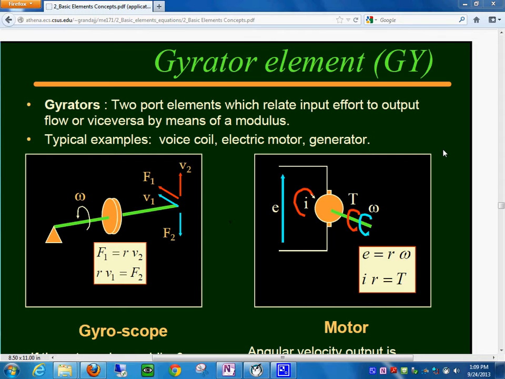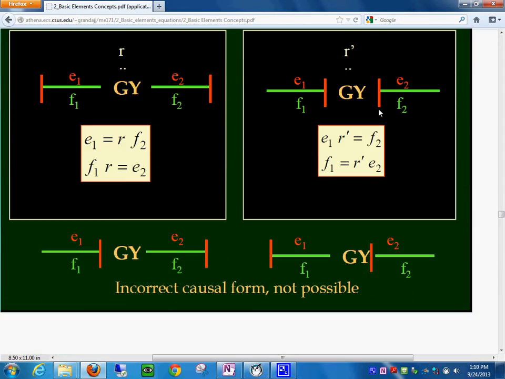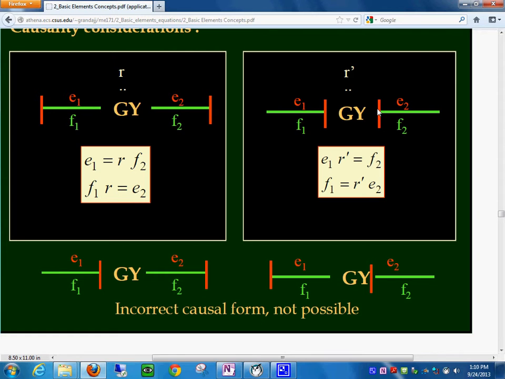This behaves differently, so there was the need to have another element. In other words, this is a type of transformer, but it has different causal marks.